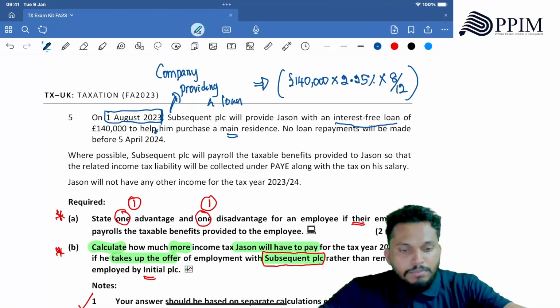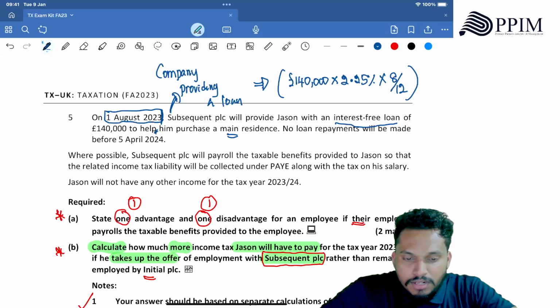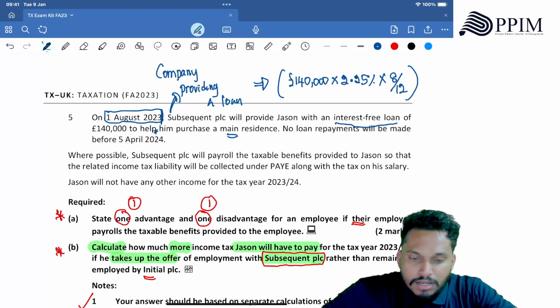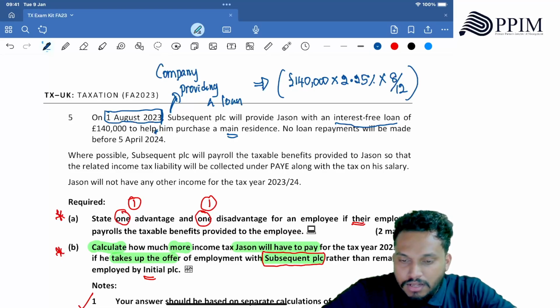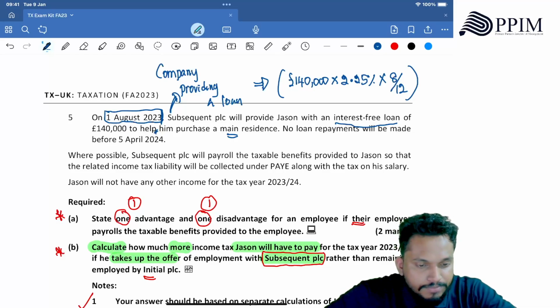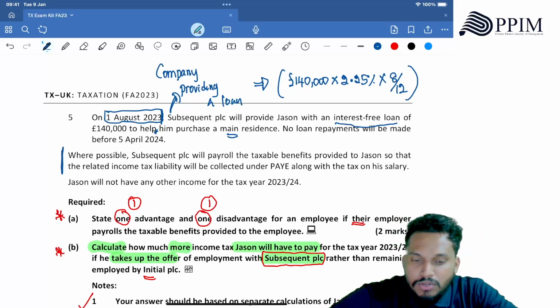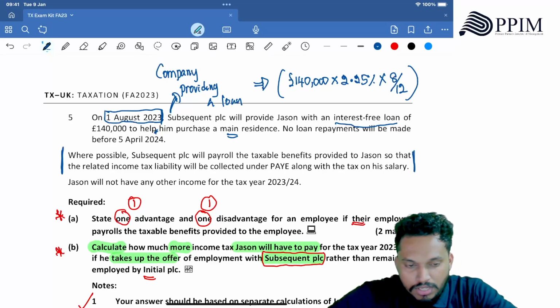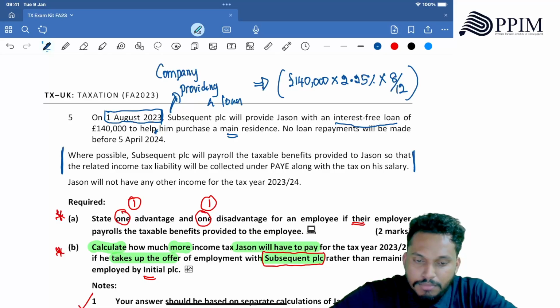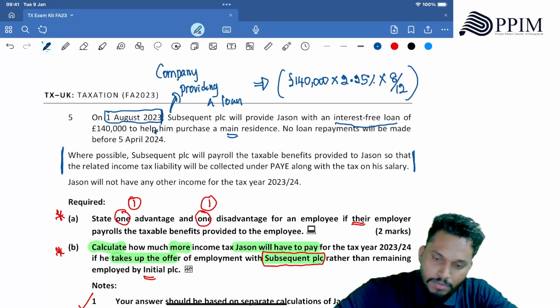Coming back to the essence of the question. Where possible, subsequent PLC will payroll the taxable benefits provided to Jason so that the related income tax liability will be collected under PAYE along with his salary. So what they're trying to say is that the related income tax liability will be collected through PAYE. PAYE means what?